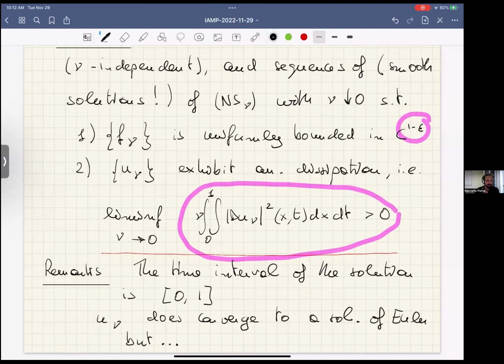Thank you. Why 1/3? That comes out of considerations on the energy spectrum. There is what is called Kolmogorov's five-thirds law.